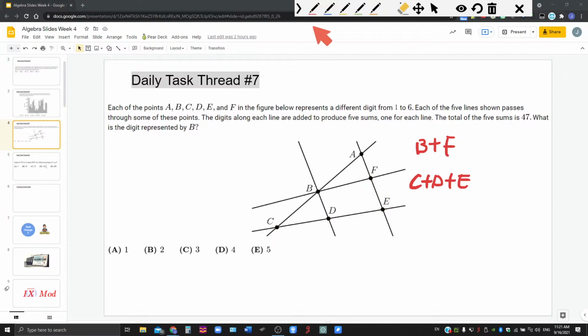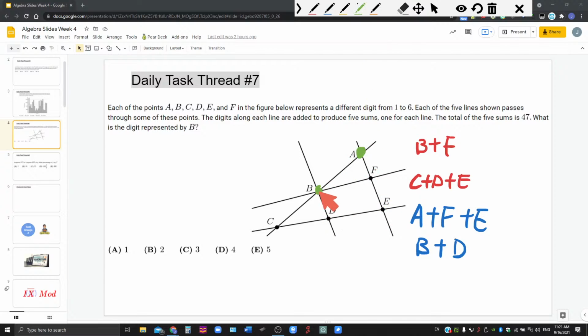Now, if we consider the vertical lines, this one will be A plus F plus E for the vertical line. You just add them up. And for this one, it's going to be B plus D. Now, we have a diagonal line.